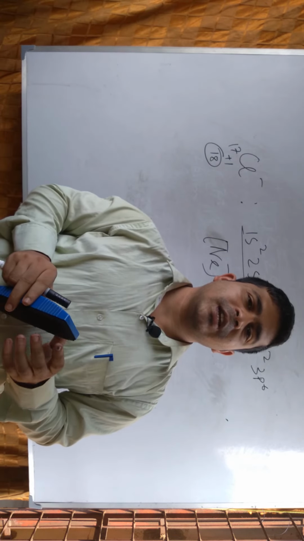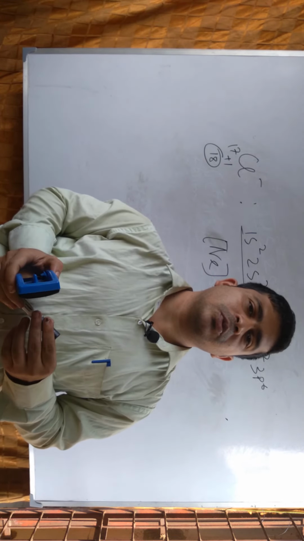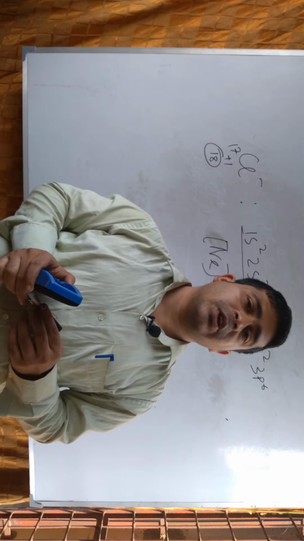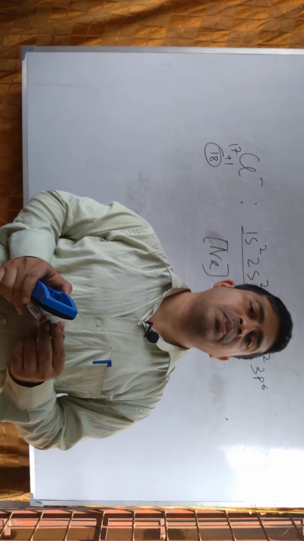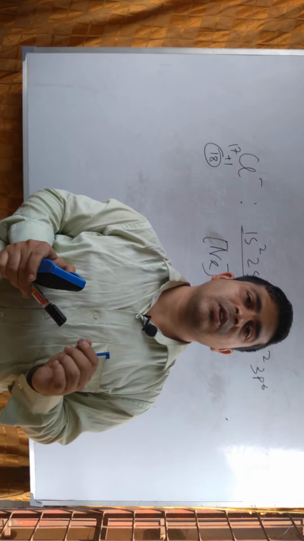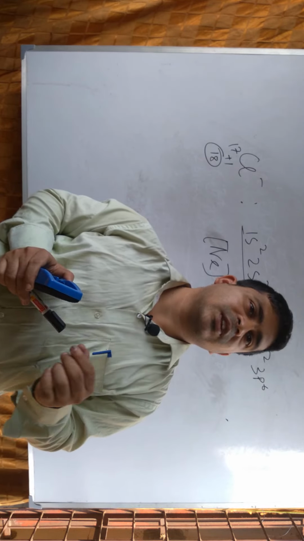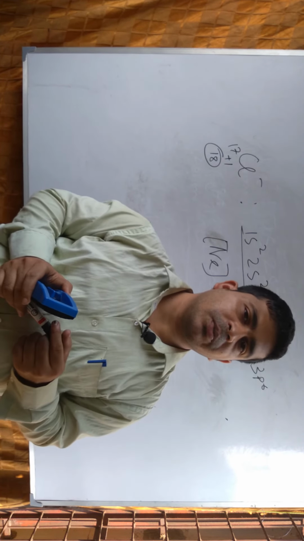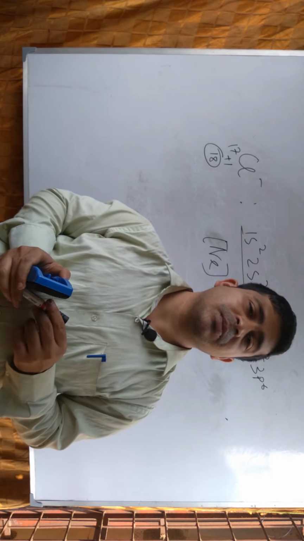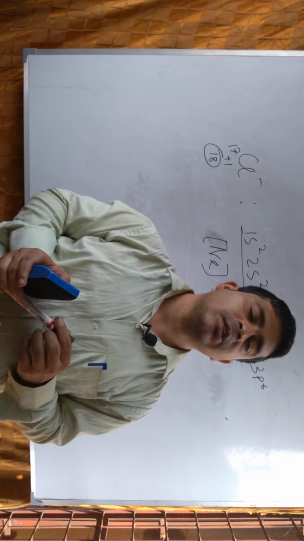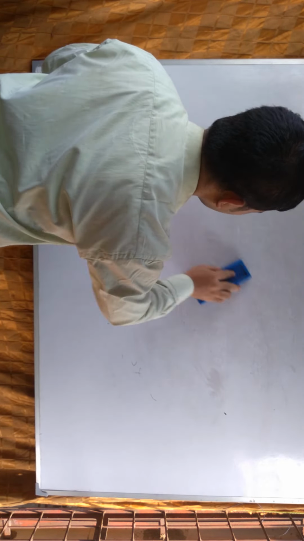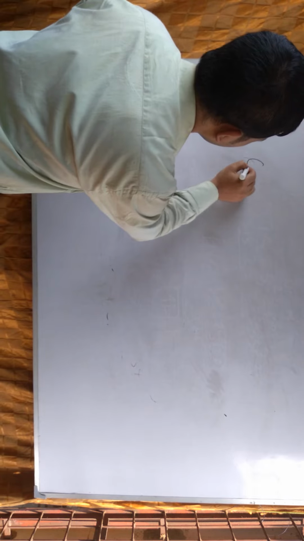Another important point to know is the half filled and full filled concept, or you can say the exceptional electronic configuration. There are some exceptions in electronic configuration writing, for example the electronic configuration of copper.